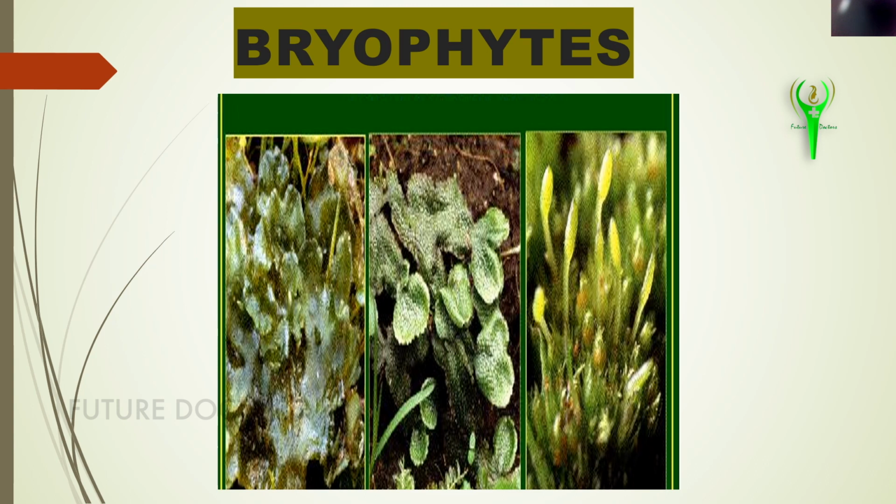Sex organs of bryophytes are multicellular. The male sex organ is called the antheridium, and the flask-shaped female sex organ is called the archegonium. The antherozoids are released into water where they come in contact with the archegonium.